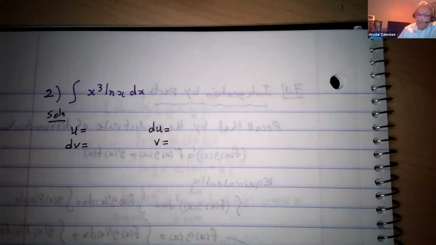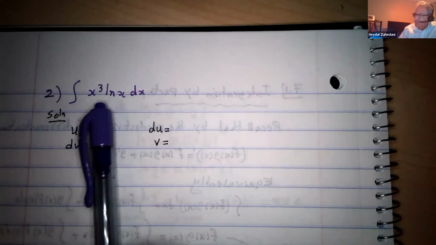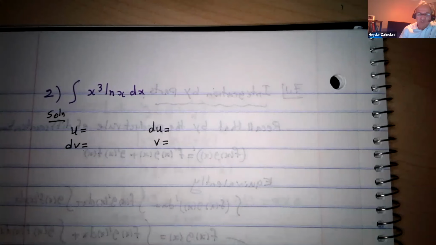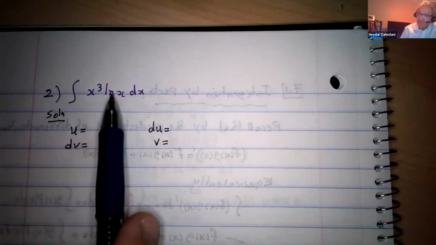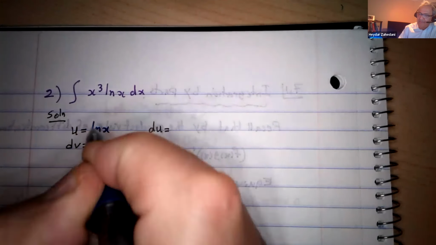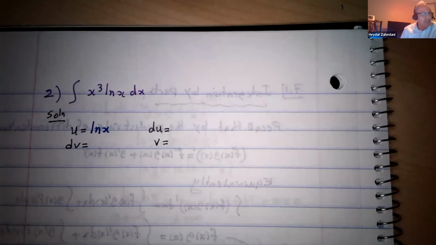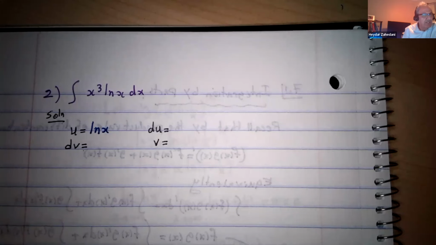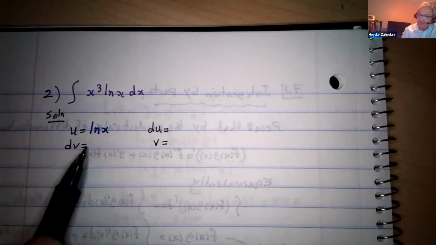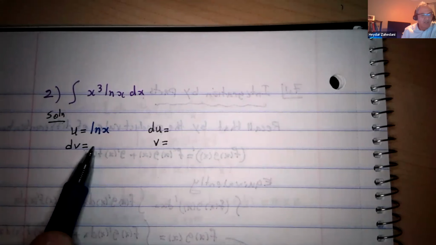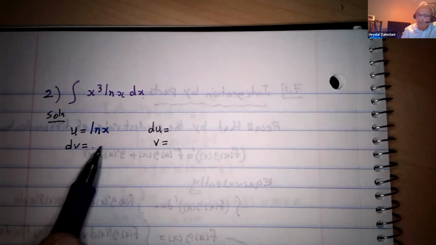So for this group of problems, the suggestion is take u to be ln x all the time, because it's easy to find the derivative of ln x. It's very difficult to find the integral, because if you pick ln x here, you have to integrate it.